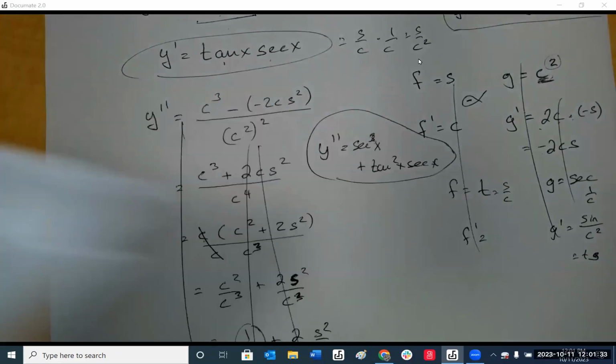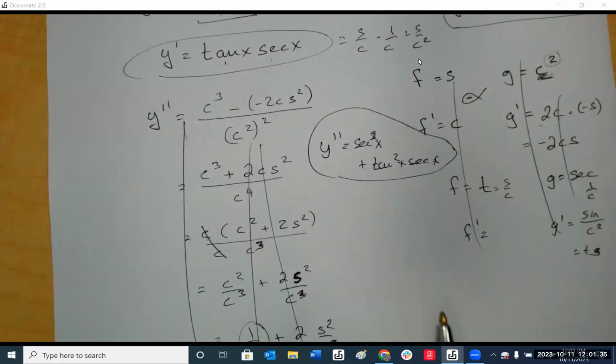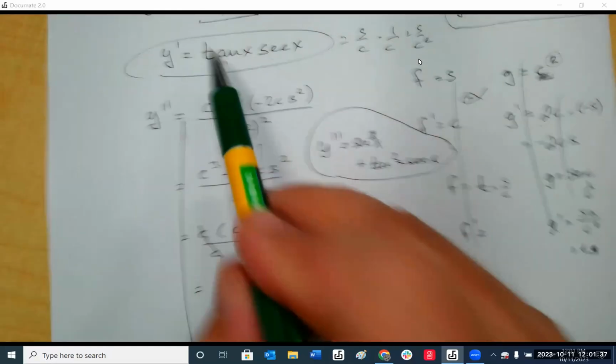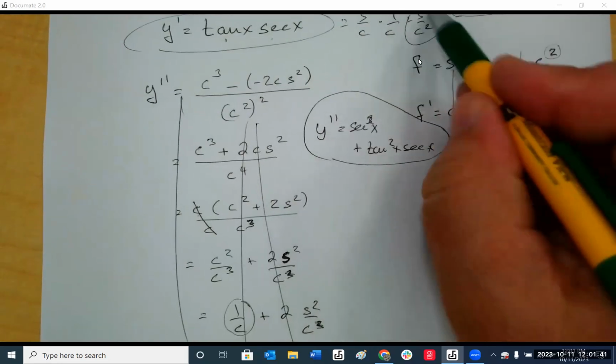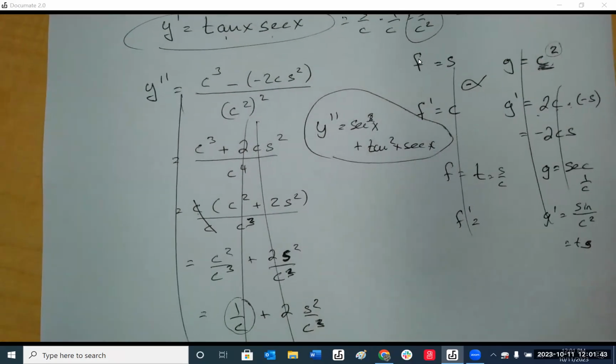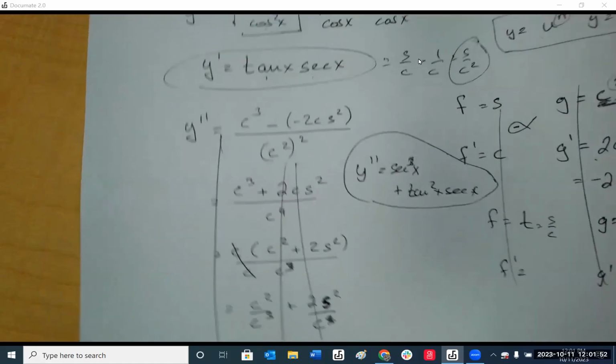That's what we just found there. See, it should work both ways. Tangent is sine over cosine, secant is 1 over cosine. We should be able to get the same answer using that. But it didn't. Stupid computer.